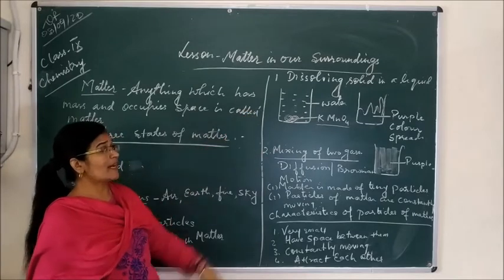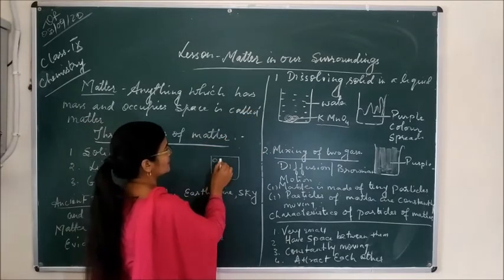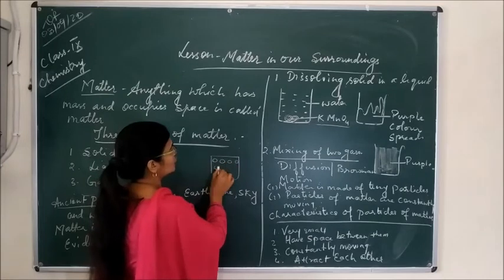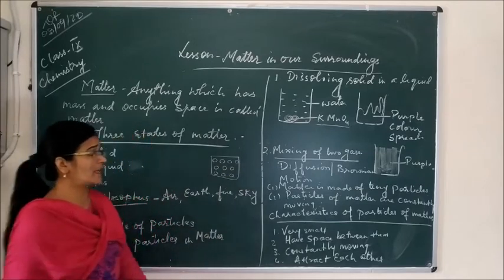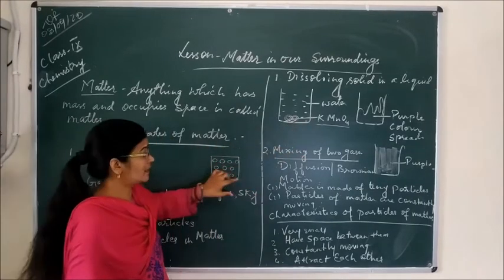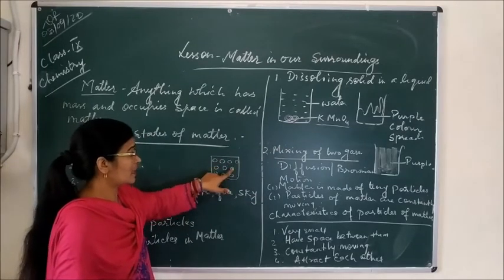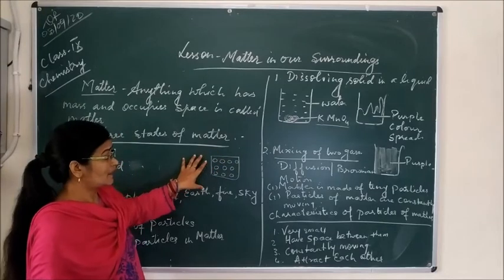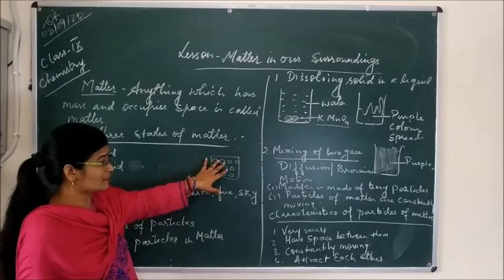So we all know that in the liquid the particles are loose like this. Here the particles are loose. So what happens when we add sugar or salt or potassium permanganate? The particles of that sugar, salt or potassium permanganate occupy the space between these two particles, and that's why we see that there is a space between the particles.